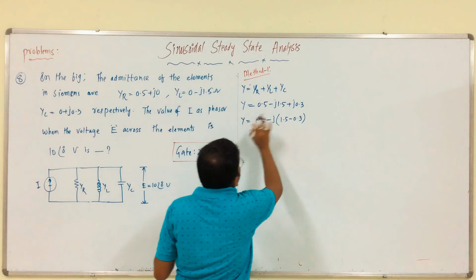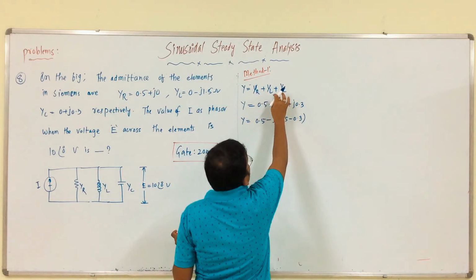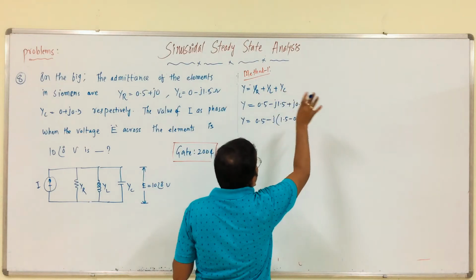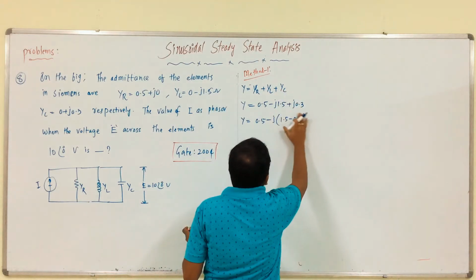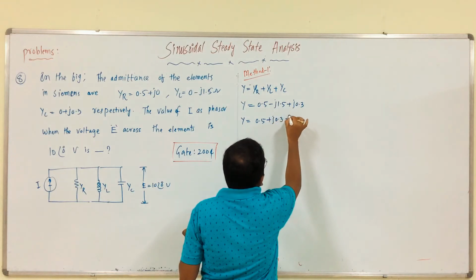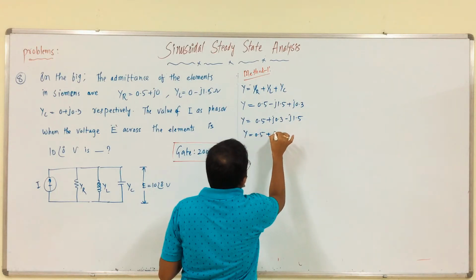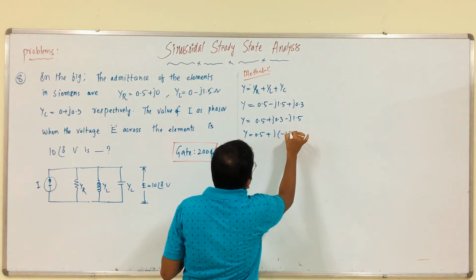So this is minus; we can see YR plus jBL minus plus jBC, BC value should be negative, therefore this is BT. We can write plus j0.3 minus 1.5, therefore Y is equal to j minus 1.2.